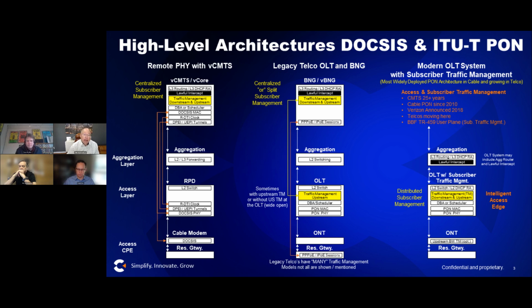And if we look at what the cable industry has done with traffic management, well, 25 years ago, that's how the CMTS was architected. And if you look at cable PON technology since 2010, that's how it was architected. If you look at what Verizon announced in 2018 in Japan, they announced that they were moving to an architecture that combined the traffic management and OLT functions.